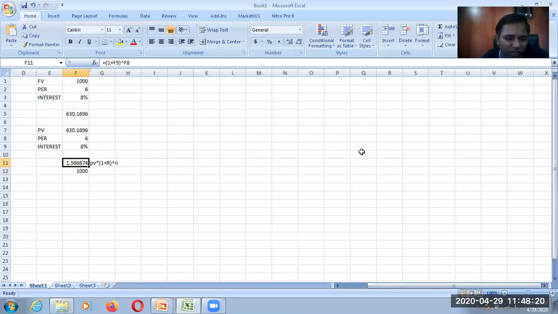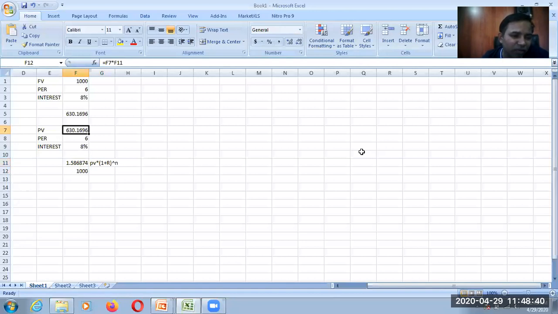So this is the factor value calculated, 1 plus r raised to n, and multiplied by the present value it gives me 1000. So my 630 rupees, if I'm investing at a compounding rate of interest for 6 years at 8%, is going to be 1000.